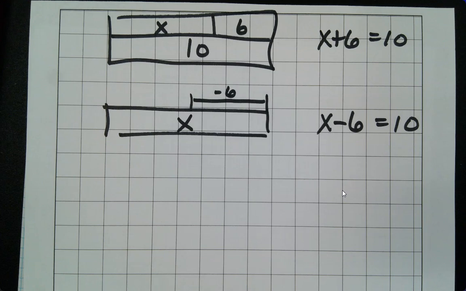The subtraction means I'm starting with this number. I'm starting with X, and I'm taking away from it 6. So, when I take this 6 away from it, what's left? What's that going to be equal to? JP? 10.